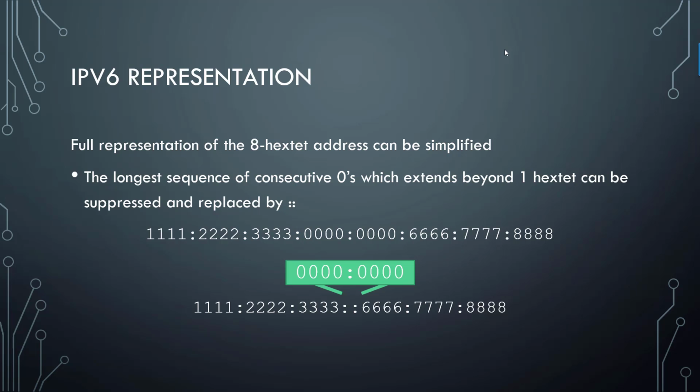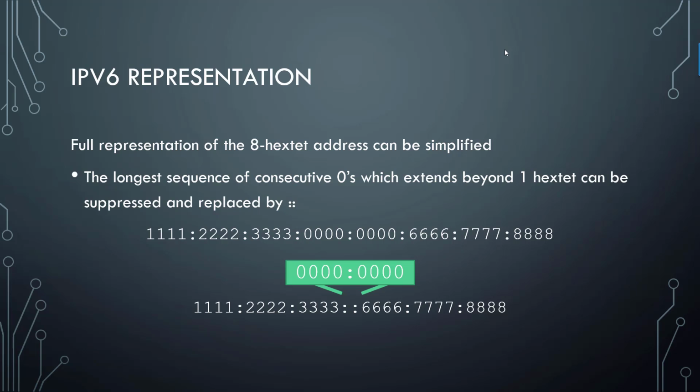So when we do have a longer string of zeros that extends beyond 1 hextet, we have another shortcut that we can use to suppress zeros. When we extend the number of zeros beyond 1 hextet, we can use the double colon to indicate that there is a number of zeros in there that we are not indicating at this time.